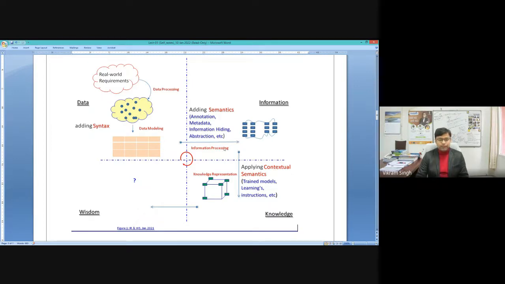So these are the 4 levels of details available on the internet, which can be labeled as data, information, or knowledge. It is the representation which is the most important part, because whenever we interact with these details, representation is the most important aspect in a computer science situation, in computer science research related work, right?